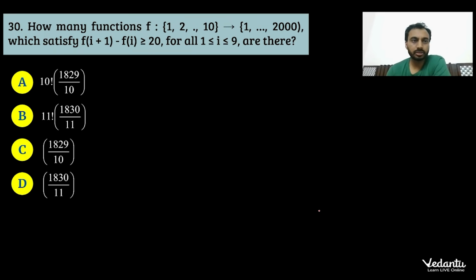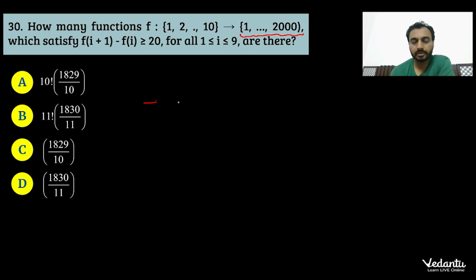Now let's see question number 30. How many functions from 1 to 10 to 1 to 2000 satisfy f(i+1) minus f(i) is greater than or equal to 20? So we have to pick 10 values from 1 to 2000.